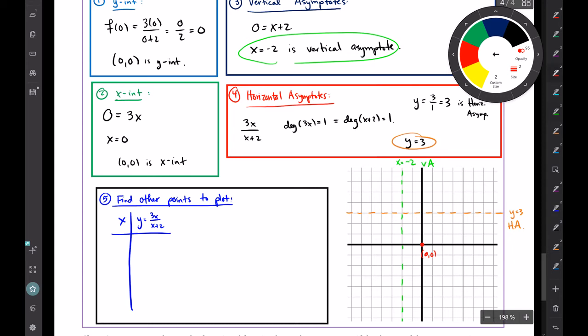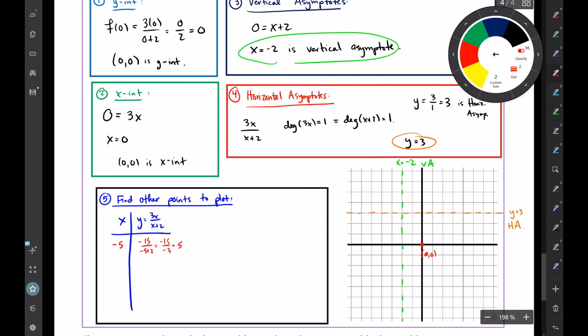The first point I'll pick is just somewhere far to the left of negative 2. So maybe I'll plug in negative 5. If I plug in negative 5, I'm going to get negative 15 over negative 5 plus 2, which would be negative 3. So negative 15 over negative 3 is positive 5.